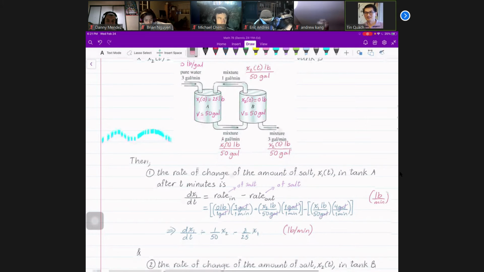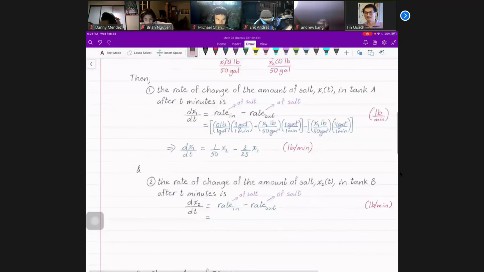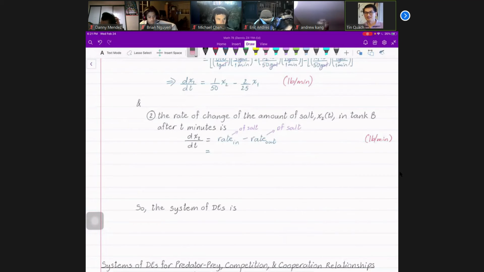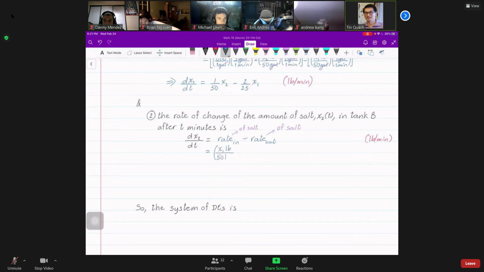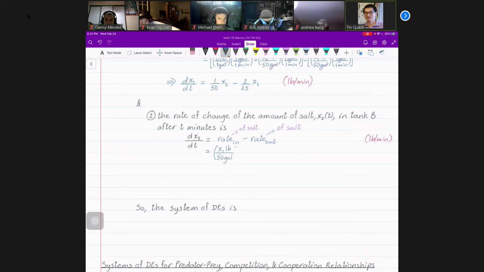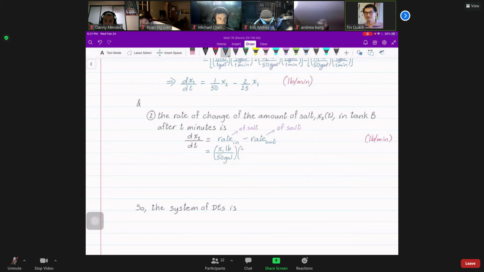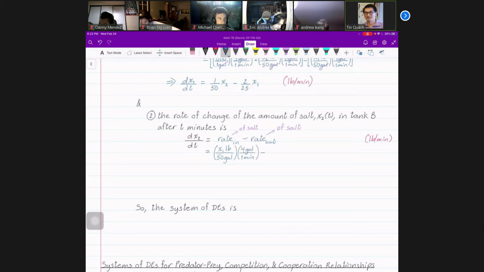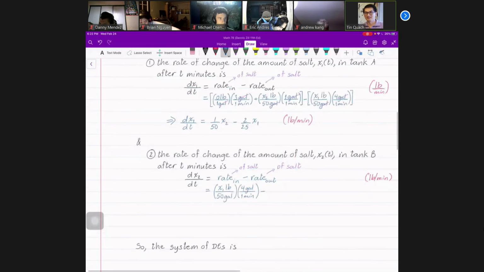So you have x sub 1 pounds over 50 gallons times 4 gallons over 1 minute. So that is the rate coming in. How about the rate coming out?